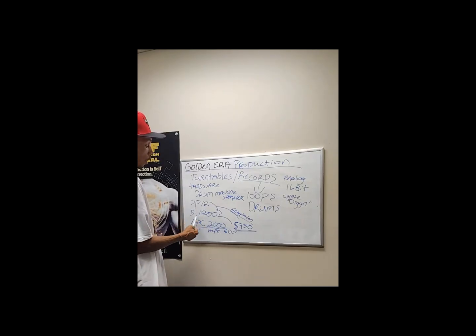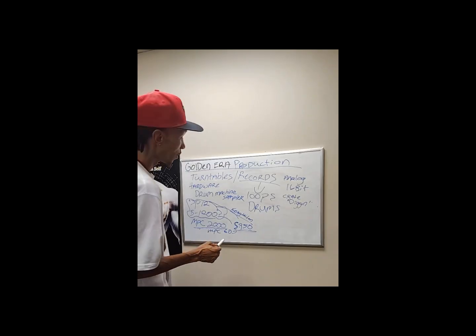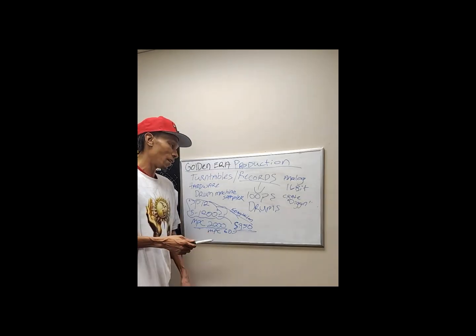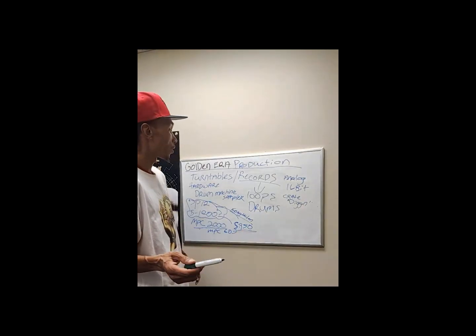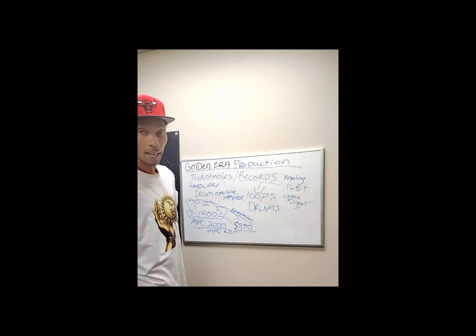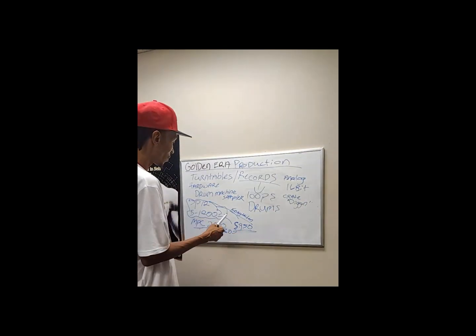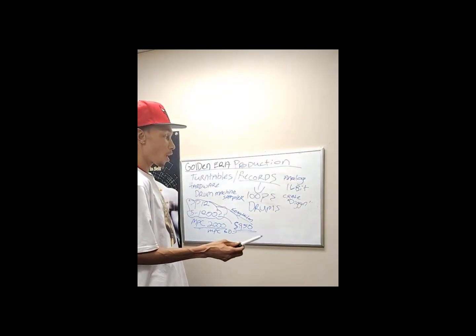Now, the SP12, SP1200, this is where you're going to get your solid drums. This is where you get that kick, like Shook Ones and A Tribe Called Quest, Wu-Tang, Pete Rock.